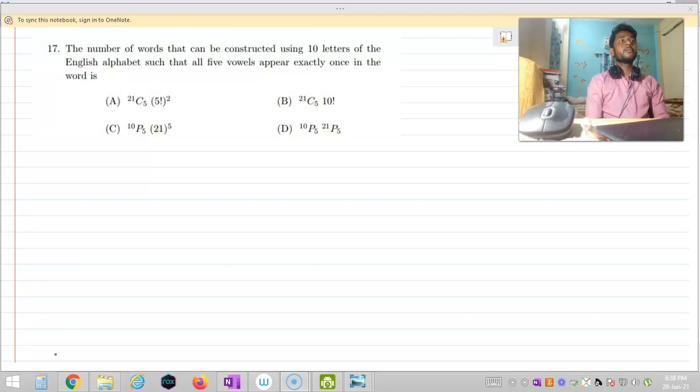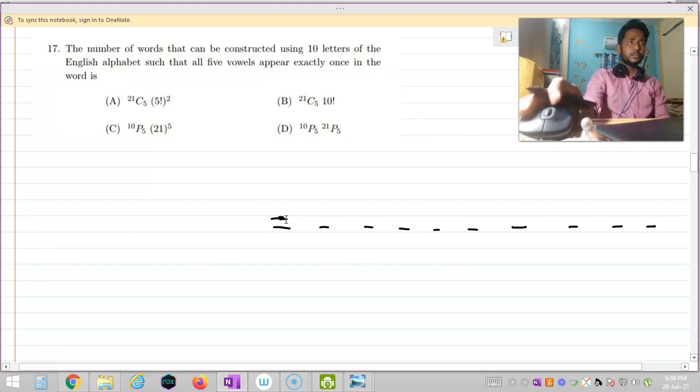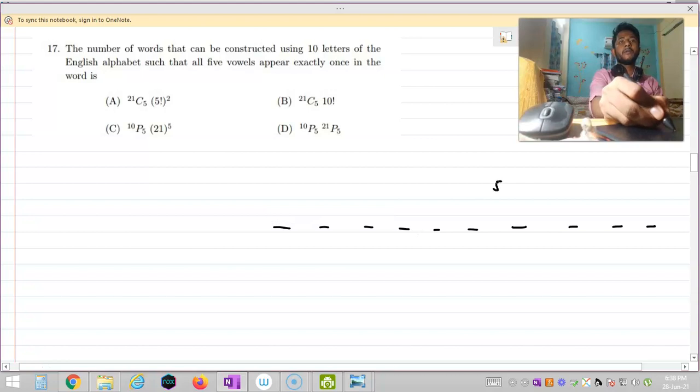So we have to construct a word using 10 letters where 5 vowels appear exactly once. Let these be positions 1, 2, 3, 4, 5, 6, 7, 8, 9, 10. We know that there are 5 vowels and 21 consonants.